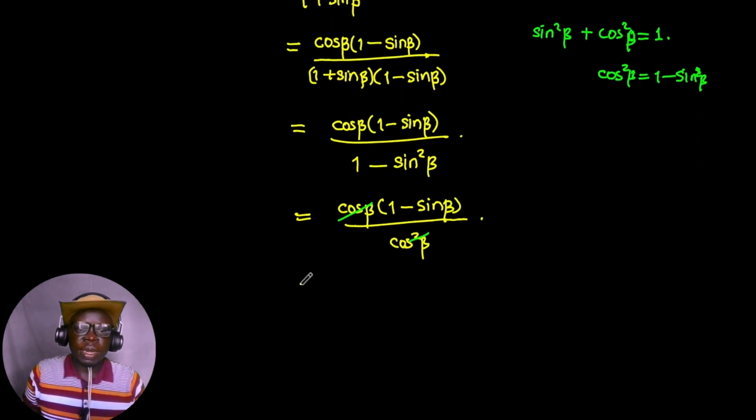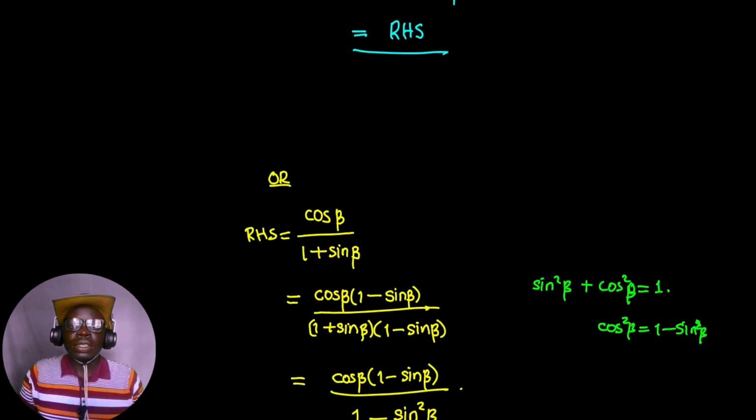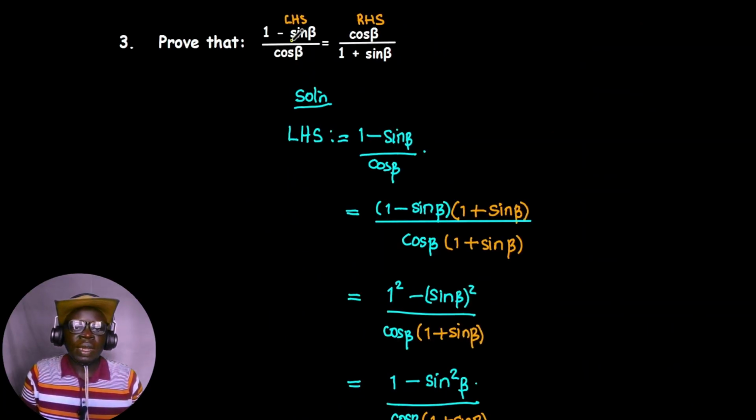So let's forget the remaining things, and that is 1 minus sine beta divided by cos beta, and that is exactly equal to the left hand side. Maybe you can go ahead and prove to see that it is exactly the same thing. So this is our left hand side, 1 minus sine beta over cos beta, and that is what we have just gotten down there.